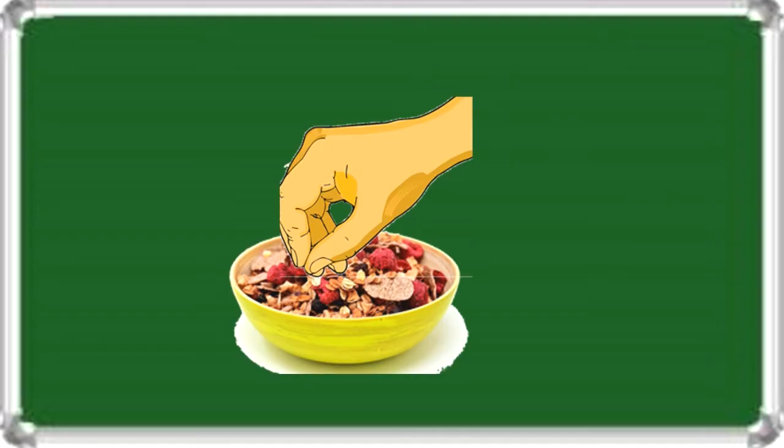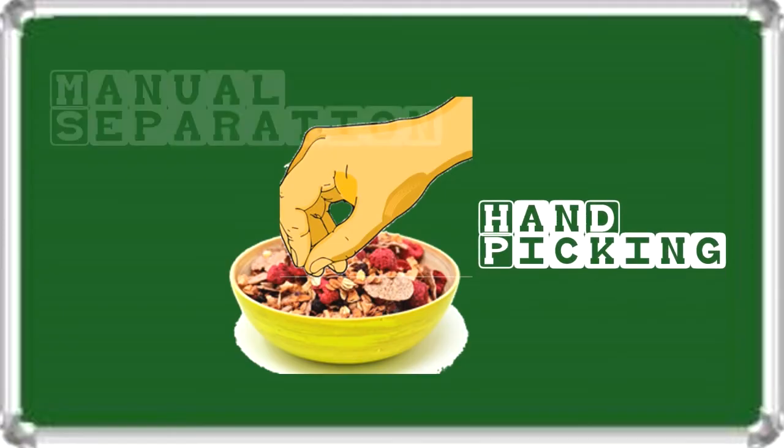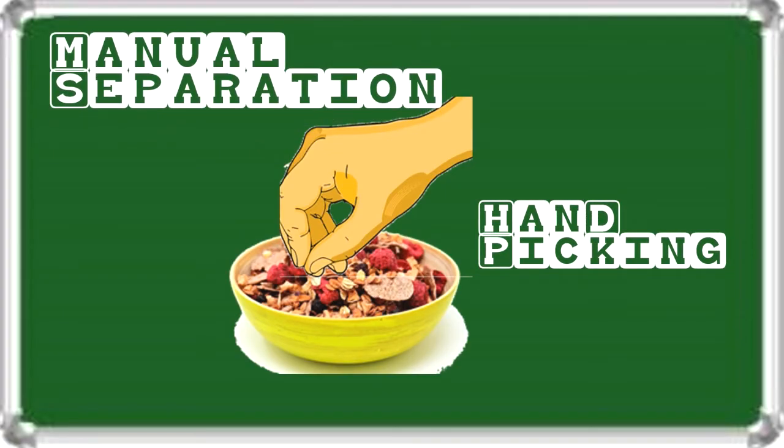Dinadampot natin gamit ang ating mga kamay. So that way is an example of separating mixture. And what technique of separating mixture yung ginawa natin sa pag-alis ng mga maliliit na bato doon sa bigas? Yun ang tinatawag nating hand picking, or manual separation, or physical manipulation.